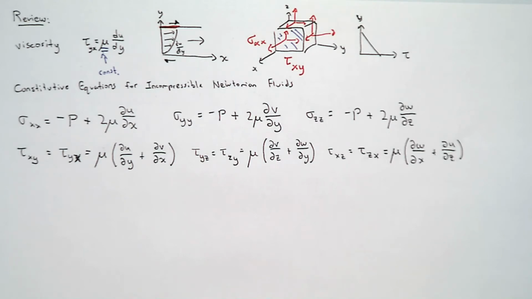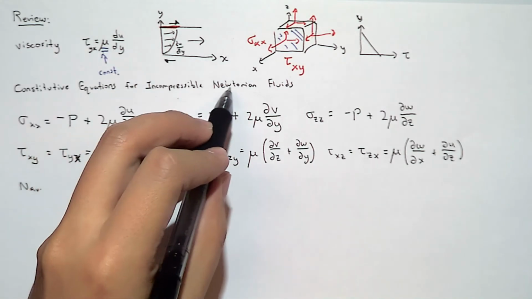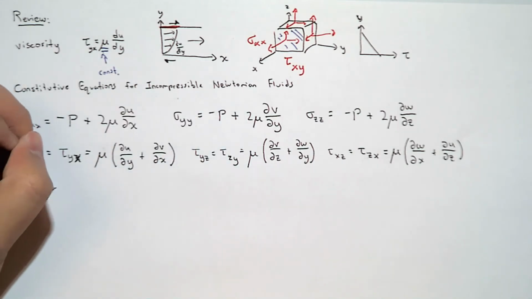Okay? It's not my area of expertise, to be honest. So that's why I feel that strength professors do a better job of explaining this than I do. But essentially, we have our constitutive equations, and now we're going to derive the Navier-Stokes equations for incompressible Newtonian fluids.